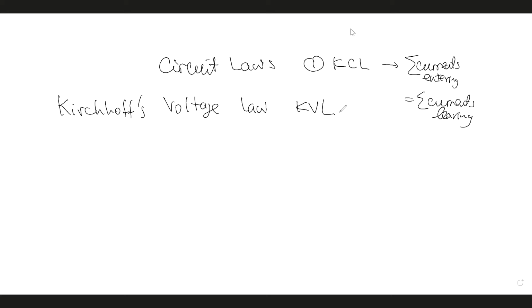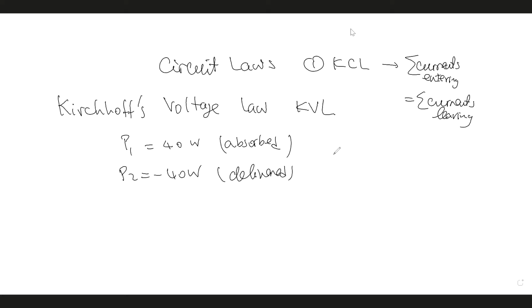So for example, if you have P1 equal to, let's say, 40 watts absorbed, and P2 minus 40 watts, this is absorbed, this is delivered. Suppose you have only two power values. If you want to show the power conservation law and put them on one side, then you have 40 minus 40 equal to 0.